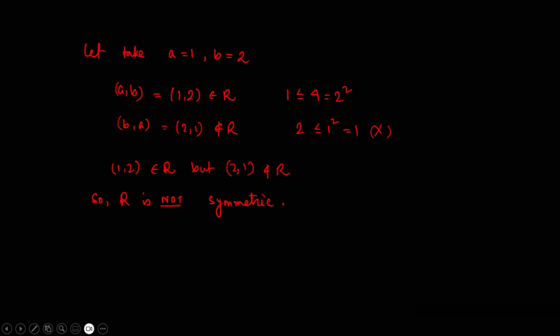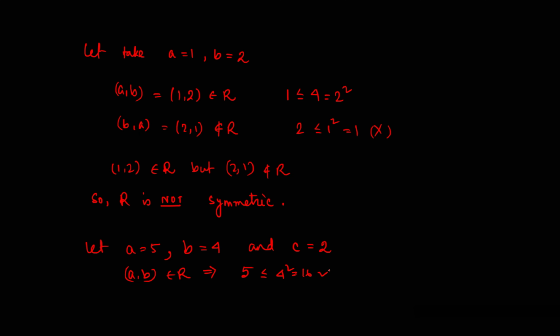Similarly, to show R is not transitive, again we will find an example. Let A equal to 5, B equal to 4 and C equal to 2. Then (A, B) belongs to R, that means 5 is less than or equal to 4 square, that is 16, and this is true. And (B, C) also belongs to R, because B is 4 and 4 is less than or equal to 2 square, that means 4. This is also true.